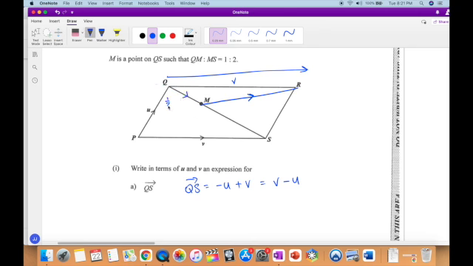So MQ is going to be minus that, minus a third V minus U.